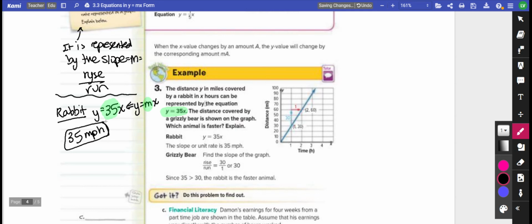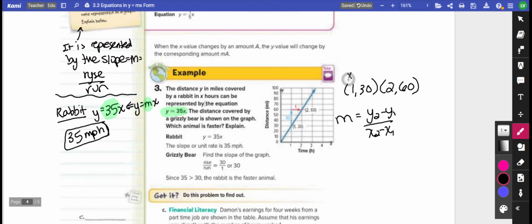Well, now we need to find the grizzly bear. Now, the grizzly bear happens to give us ordered pairs. So if I have 1, 30 and 2, 60, I'm going to use the slope formula. Slope equals y2 minus y1 divided by x2 minus x1. I label my points x1, y1, x2, y2, and I'm going to plug those into my slope formula.